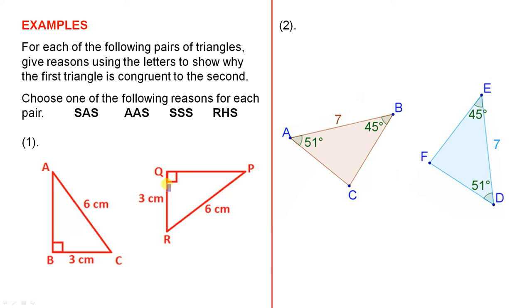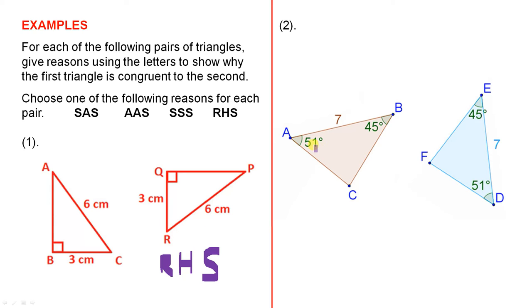We've got a right angle there. That hypotenuse is equal to that hypotenuse, and that side is equal to that side. So we saw from the previous slide that that's RHS. So the reason will be RHS, right angle, hypotenuse, side. So that's the reason those two are congruent.